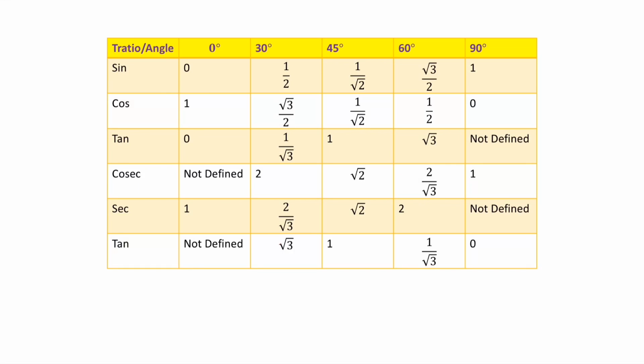Now this is the table for all values of trigonometric ratios: 0 degrees, 30 degrees, 45, 60 and 90 degrees. So we have sin 0 is 0 and sin 30 is 1 by 2 and sin 45 is 1 by root 2. Sin 60 is root 3 by 2 and sin 90 is 1.